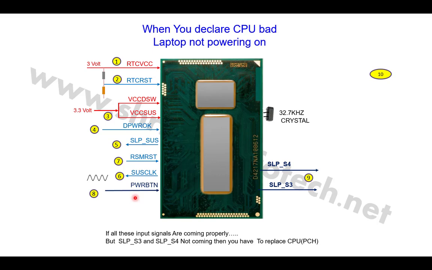But if this signal is not going to 3 volt after pressing the power button, and all the input signals are perfect but this output signal is not coming, in that case the CPU is bad. This is a confirm signal: if all the input signals are coming but still the output signal is not coming, you confirm that the CPU is bad. So these are the test signals when the laptop is not powering on.